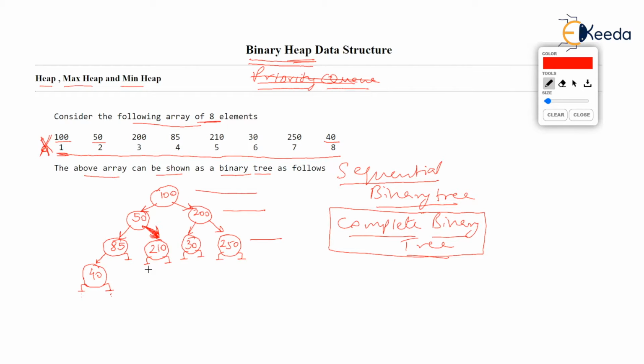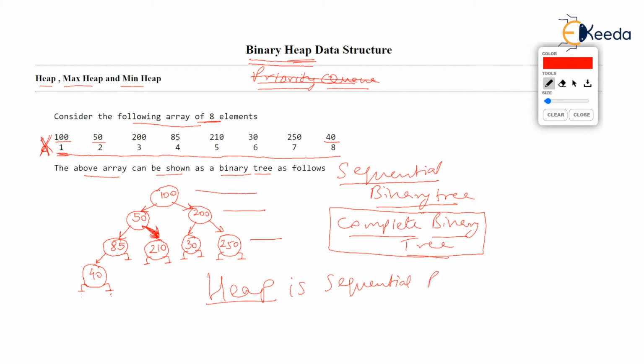Okay. Now the diagram which I have drawn, anybody would say this is a binary tree. Yes, I agree this is a binary tree. This is a sequential binary tree. But this diagram is also called a heap. This is heap. Okay, so what is heap? Heap is a sequential binary tree.